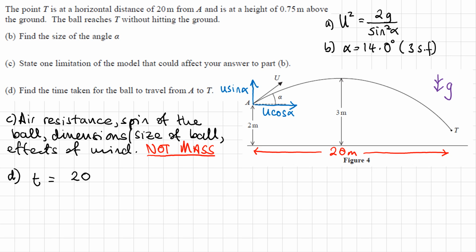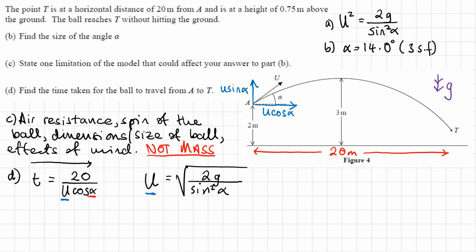So I'm looking at horizontal here, which is 20, over the horizontal speed, which is u cos alpha. Now I have alpha, but what I don't yet have is u, so I'm going to use this here to work out what u is. So u will be equal to the square root of 2g over sine squared alpha.